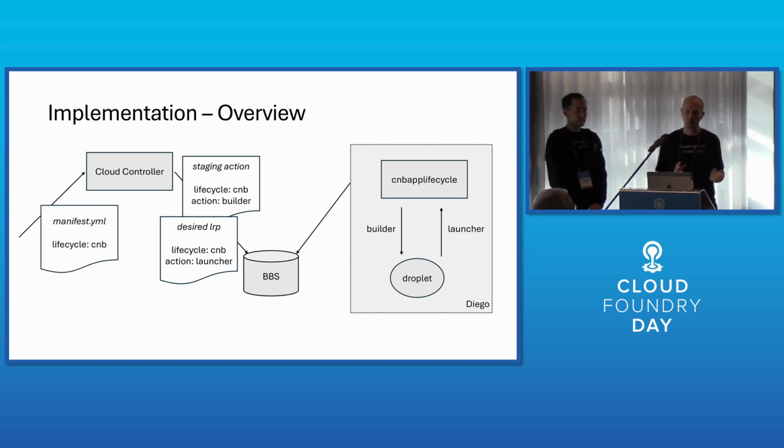Then the cloud controller knows what you want to do, and the staging action and the desired long-running process that are written to BBS look a bit different from the existing buildpacks.